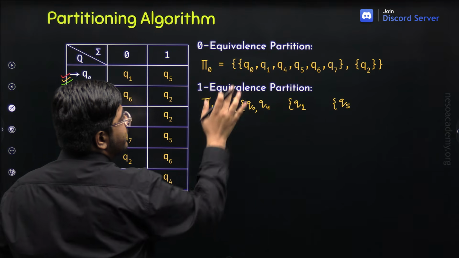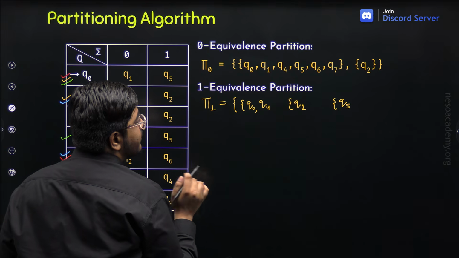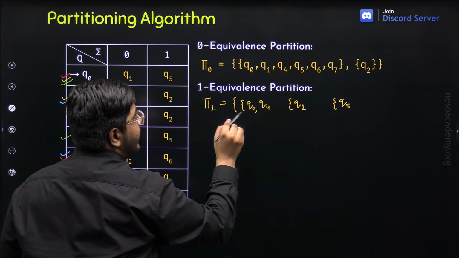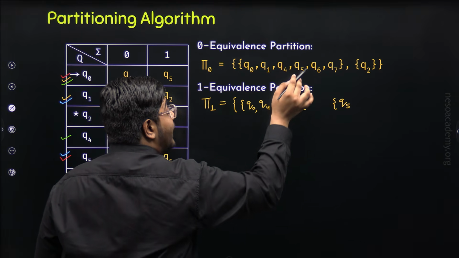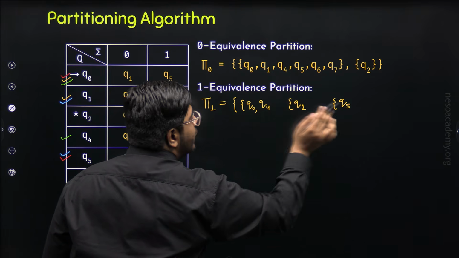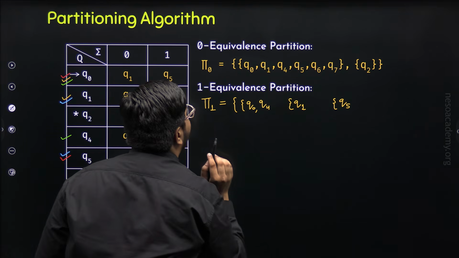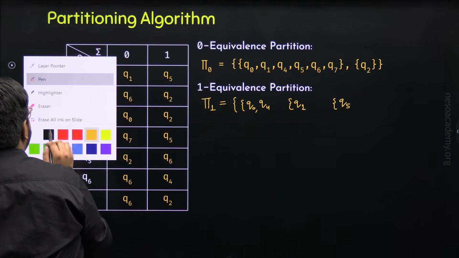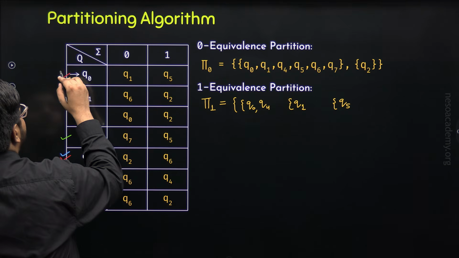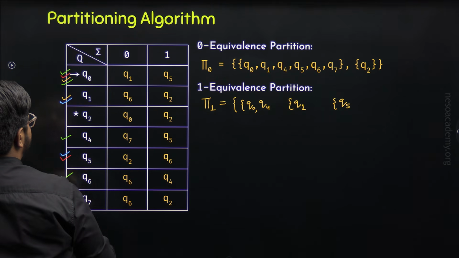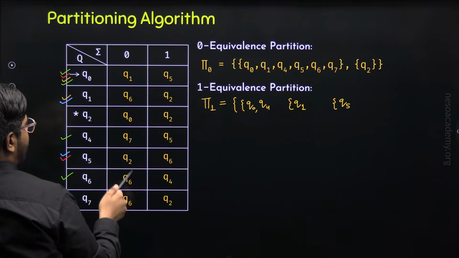Now we are done with the states Q0, Q1, Q4, Q5, and the next state is Q6. Q6 is to be checked with either of Q0 or Q4, and with Q1, and Q6 also to be checked with Q5. So first, let's check Q6 with Q0. The states that we are considering this time are Q0 and Q6. Q0 on 0 gives Q1 and Q6 on 0 gives Q6.